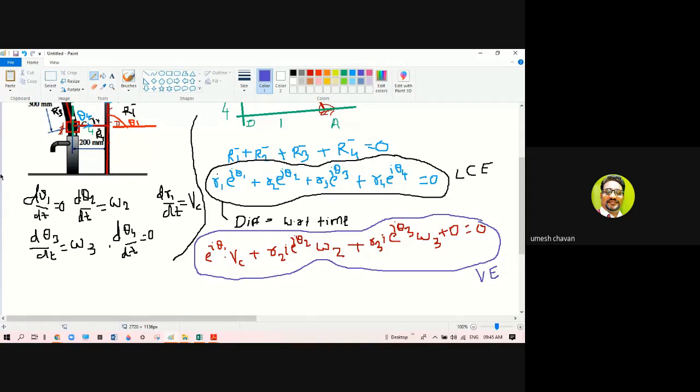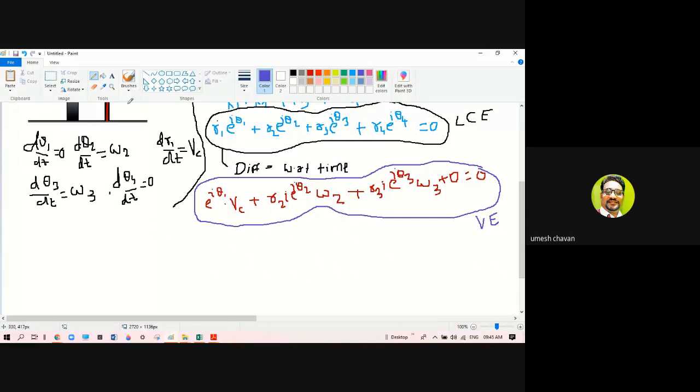Now to get the acceleration, differentiate that equation again with respect to time. And in the differentiation, what things do you need to put?